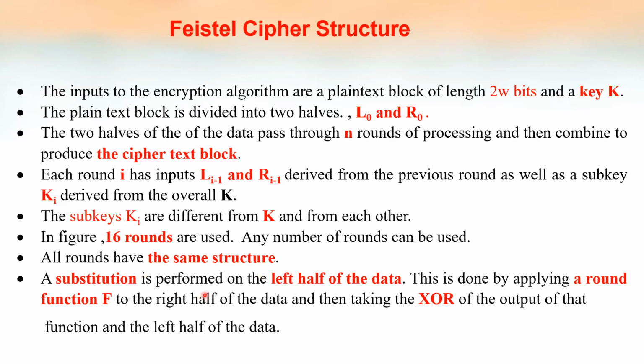A substitution is performed on the left half of the data. This is done by applying a round function F to the right half of the data and then taking the XOR of the output of that function and the left half of the data.